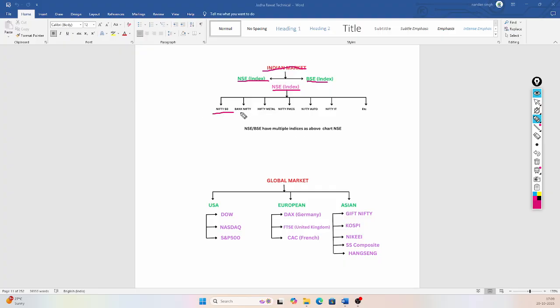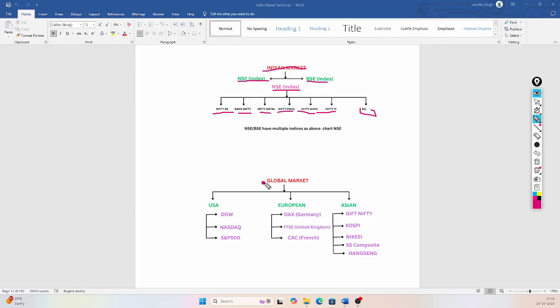NSE has Nifty 50, Bank Nifty, Nifty Metal, Nifty FMCG, Nifty Auto, Nifty IT, and there are more than 50 of them if we count all of these together.